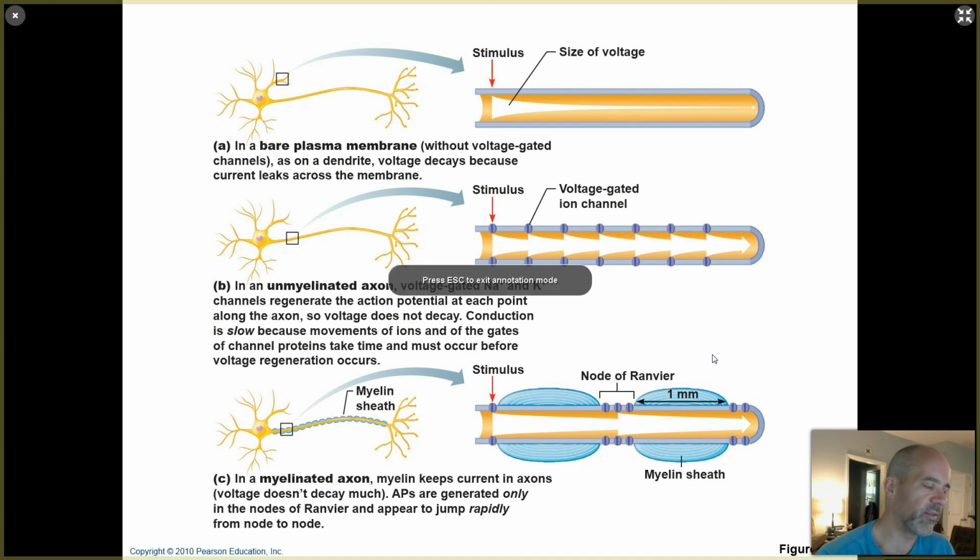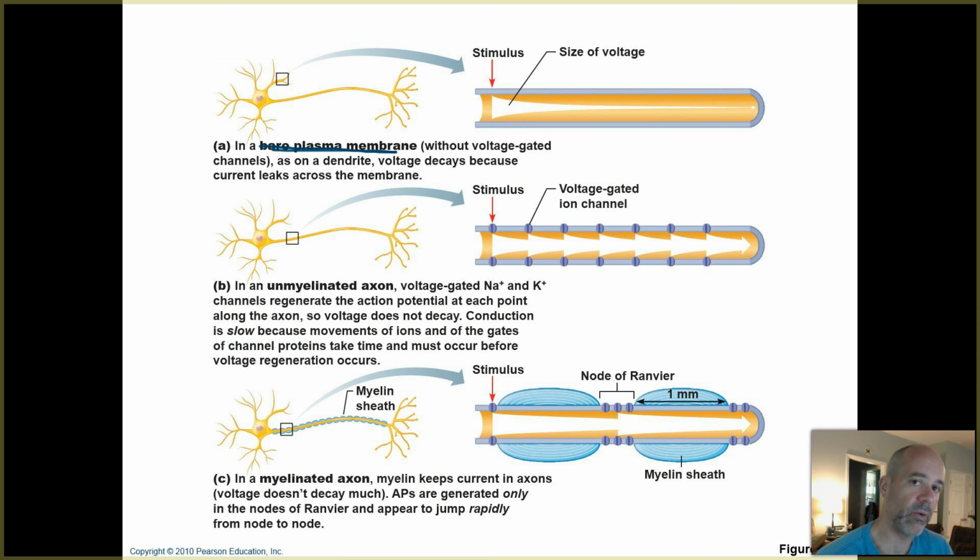This diagram from your textbook is giving you another illustration of how this is helpful and how it affects the speed of an action potential. All right, so if you had, in parts of the motor neuron, just a typical plasma membrane, and you don't have any of those voltage-gated sodium channels, you're not going to generate an action potential there.